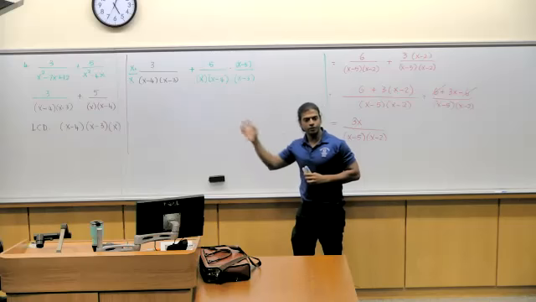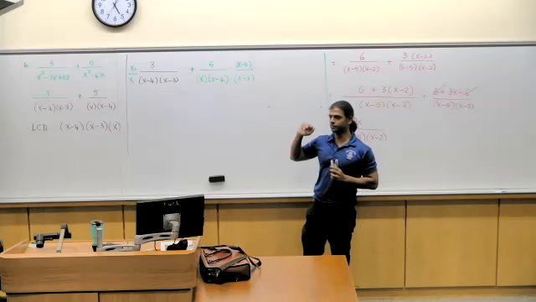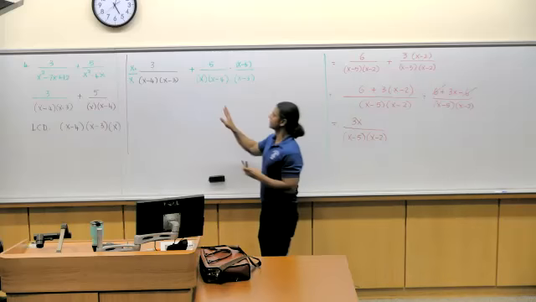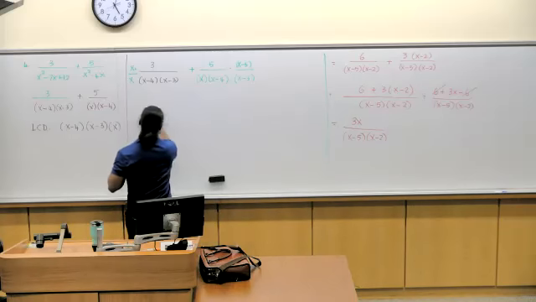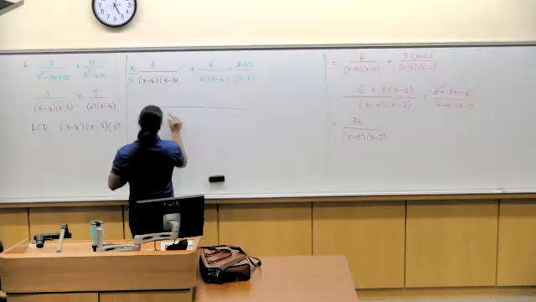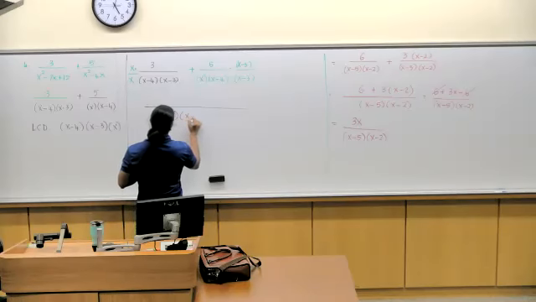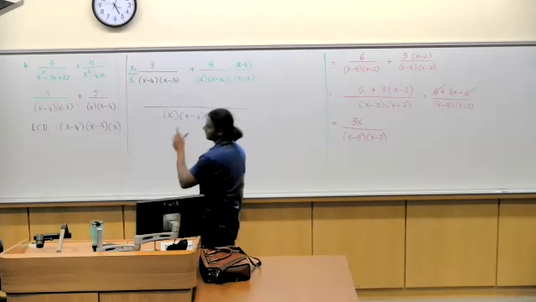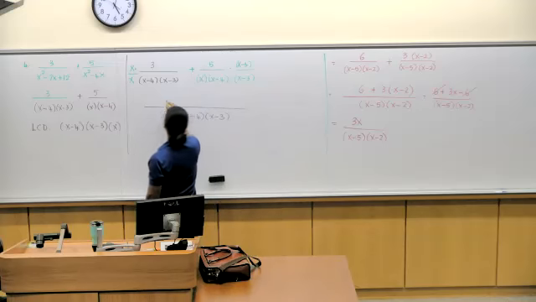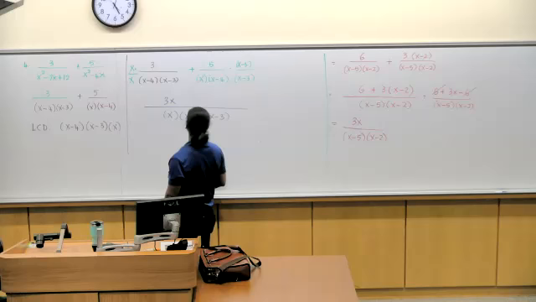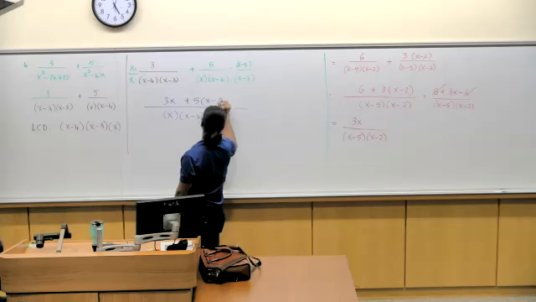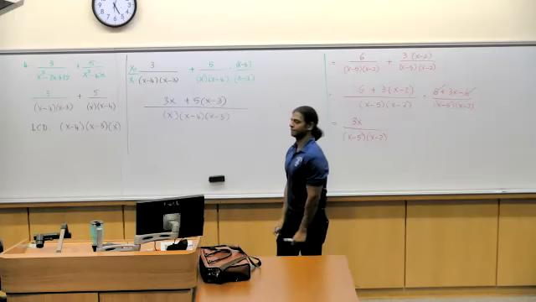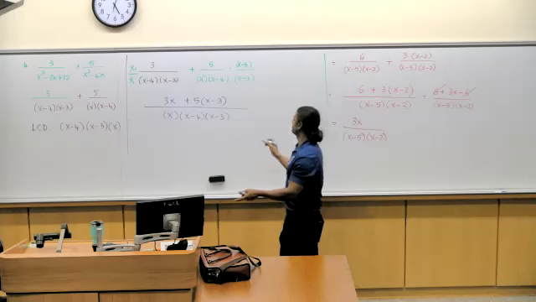Do I have a common denominator? Yes. So the common denominator is x times x minus 4 times x minus 3. The numerator is 3 times x plus 5 times x minus 3. Try and simplify.